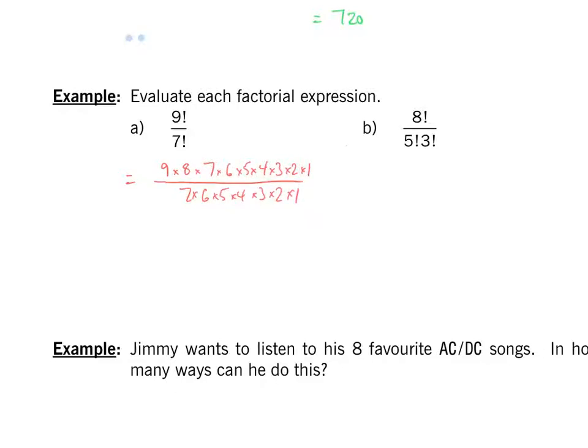So interestingly enough, we have a 7 up here and a 7 down here. Chop, chop. 6 and 6, 5 and 5, 4 and 4, 3, 3, 2, 2, 1, 1. That leaves us with just 9 times 8, which is 72. So that's what that would be. 9 factorial over 7 factorial turns into 72.